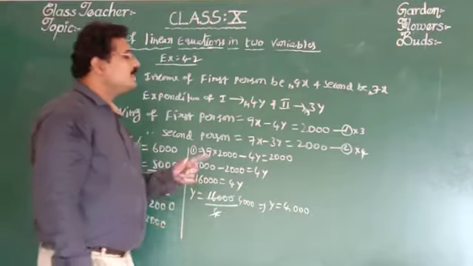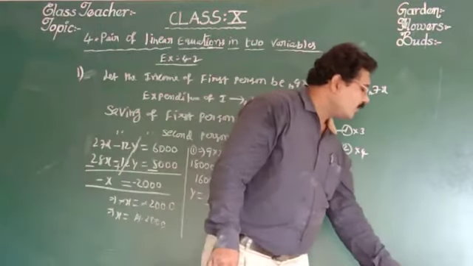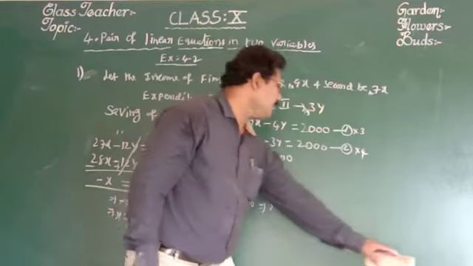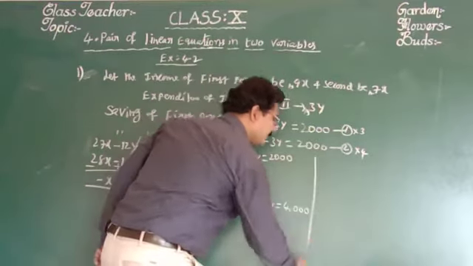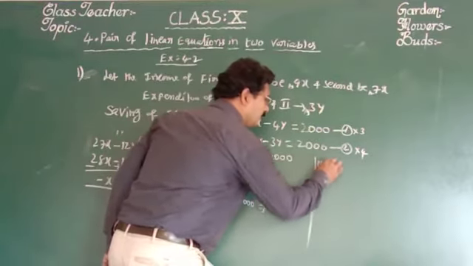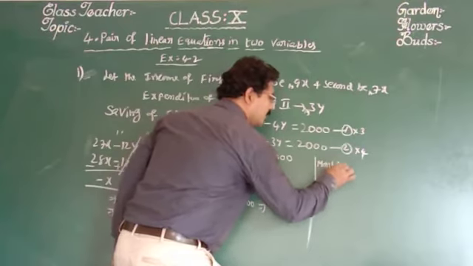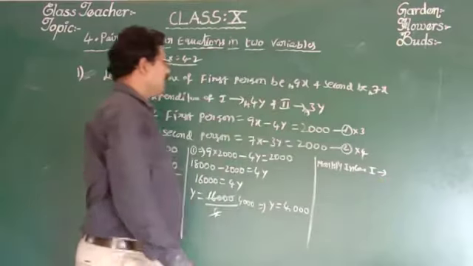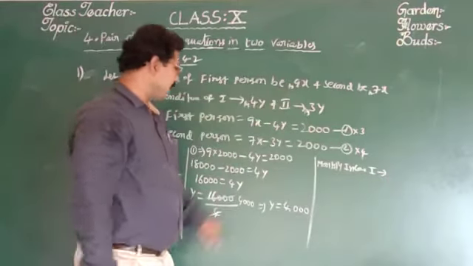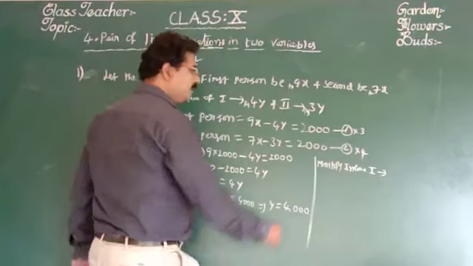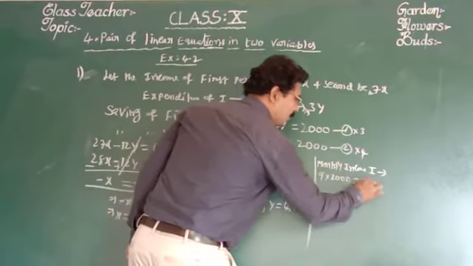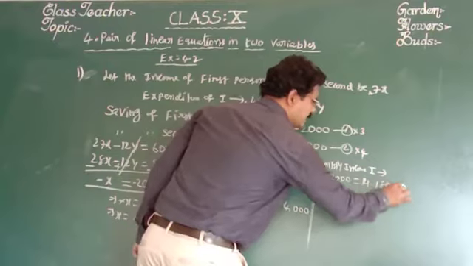Now, what is the question now? Find the monthly income. Therefore, monthly income of the first person. What is the first person's monthly income? 9x. 9x means 9 into 2000, that is equal to rupees 18,000.